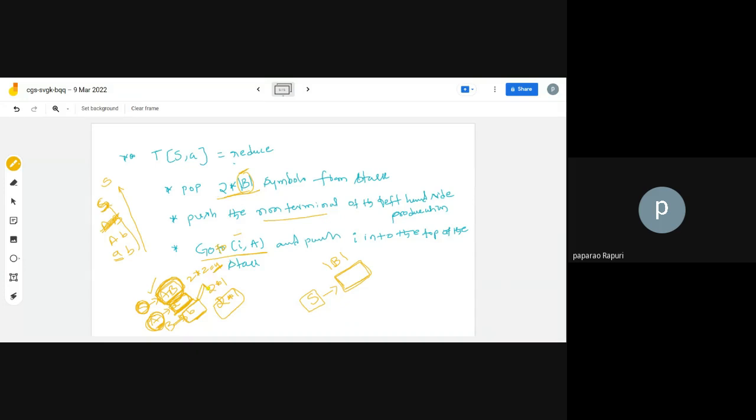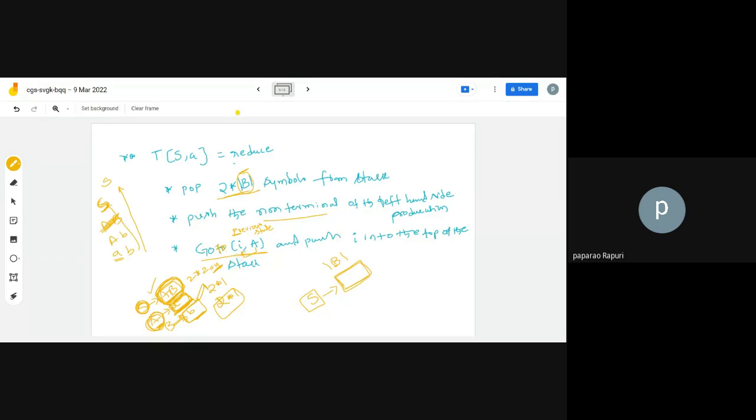Here I means the previous state, and A is the non-terminal. So with this we can identify the state: what is the previous state of the non-terminal?